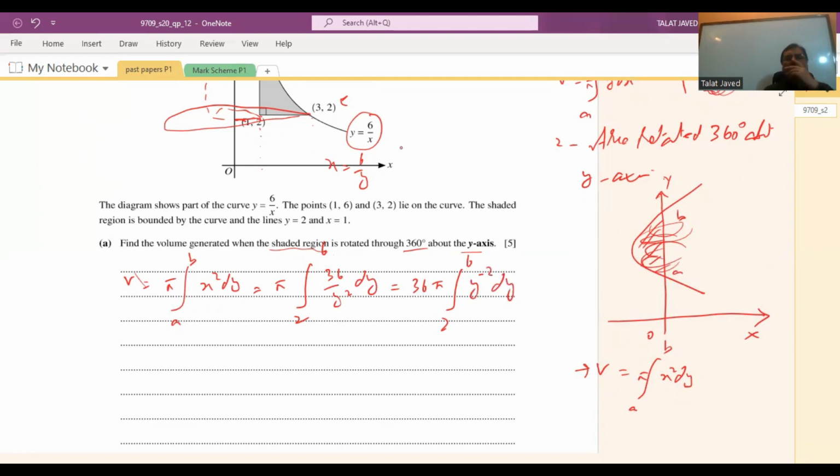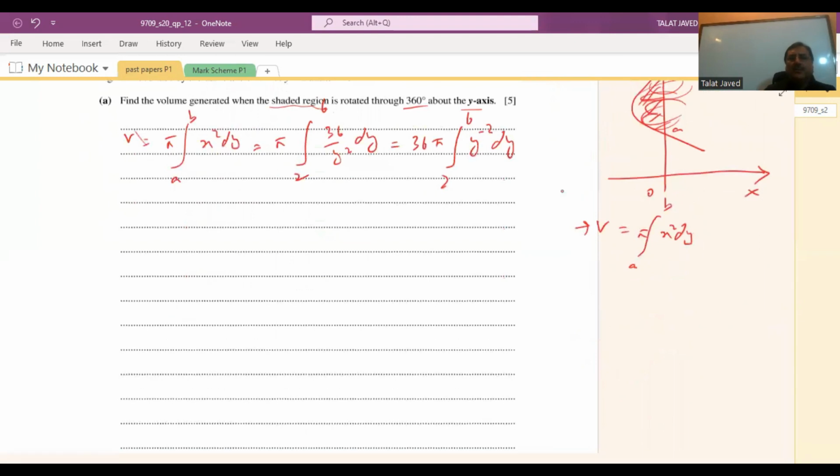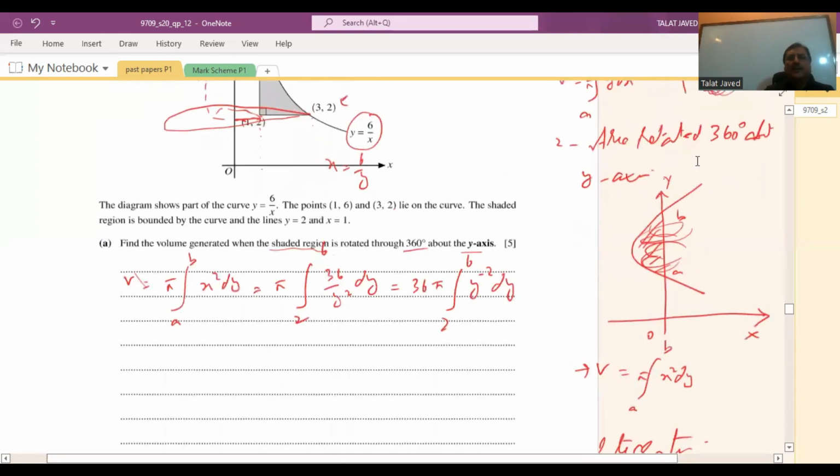To integrate, we have only two formulas according to your syllabus, which are also given in your formula sheet for integration. The integral of x to the power n dx equals x to the power n plus 1, divided by n plus 1: just add 1 to the power and divide by the new power. So the volume will be 36 pi times y to the power minus 1 divided by minus 1, from 2 to 6.